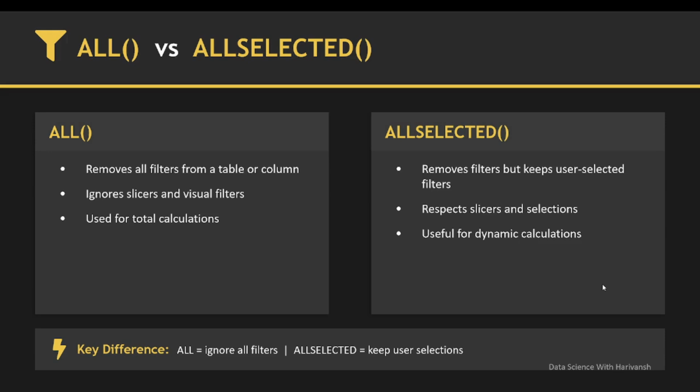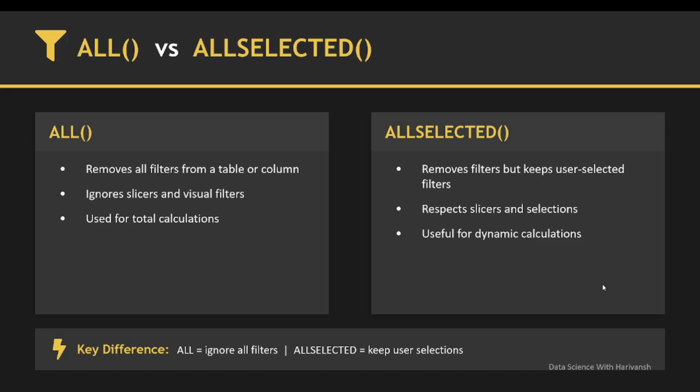In other words, ALLSELECTED removes the internal visual filters, such as the filters that come from the row context within a matrix or table visual, but it keeps the external filters that the user has actively chosen through slicers and cross filtering. This makes ALLSELECTED extremely useful for dynamic calculations where you want to show a value relative to the current user selection rather than relative to the entire dataset.